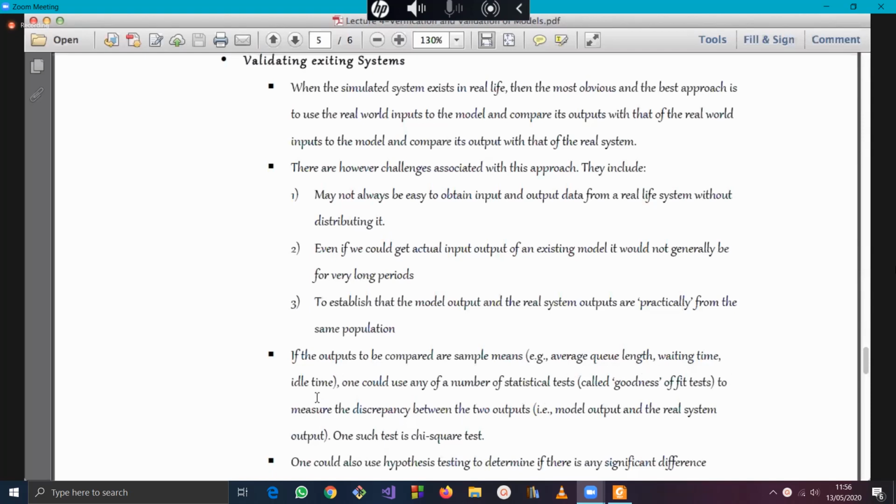So here we are saying if the output is like you want to know how long people stay in the queue, what's the average length of this queue, what is the time when somebody is staying idle, when there's nothing happening in this particular system, one could use any of a number of statistical tests, what we call goodness of fit, to measure the discrepancy between the two outputs, that's the model output and the real system.